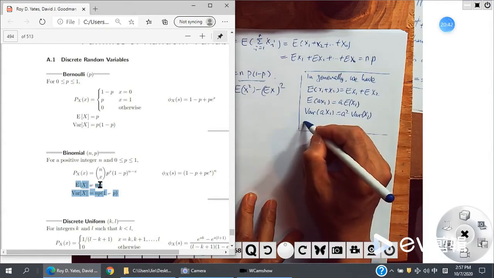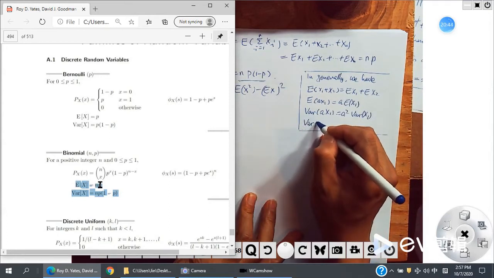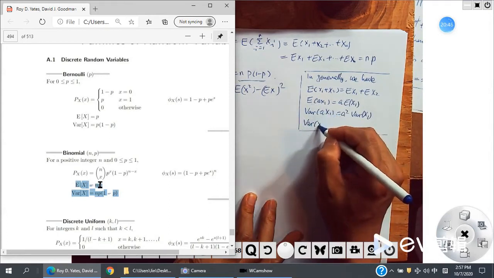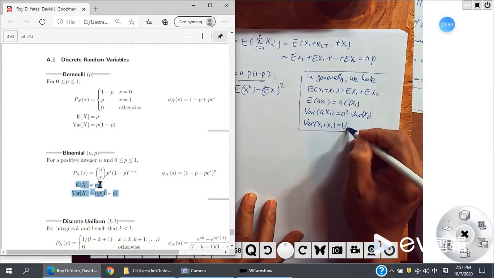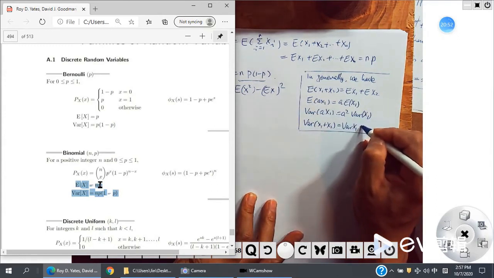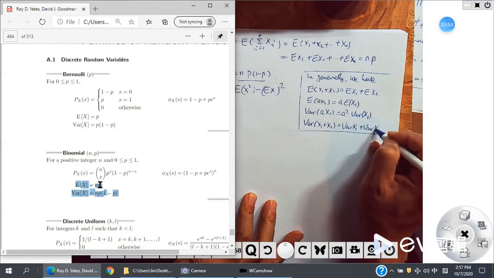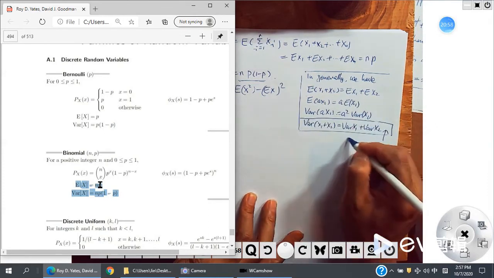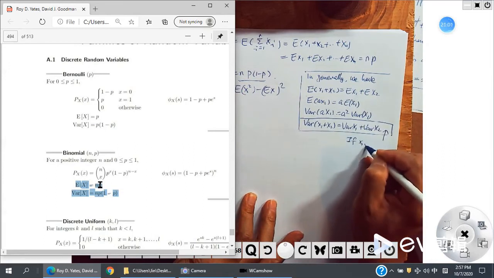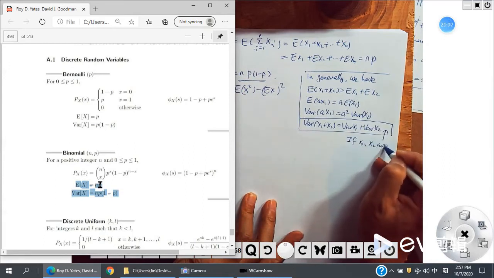This one we need independence for: the variance of x1 plus x2 equals the variance of x1 plus the variance of x2 if x1 and x2 are independent.